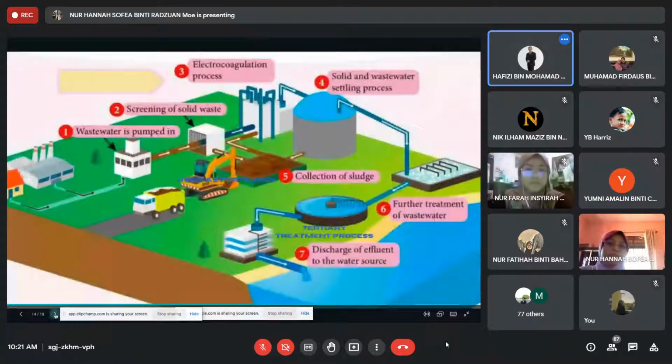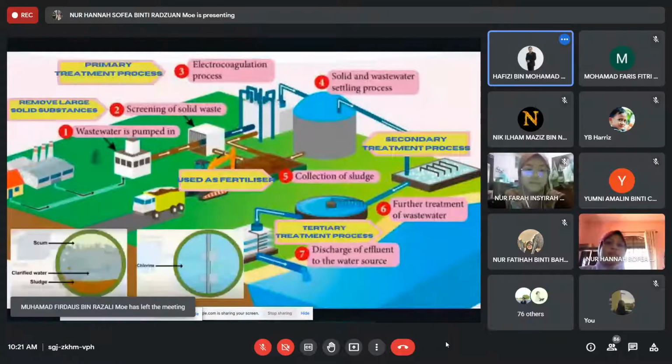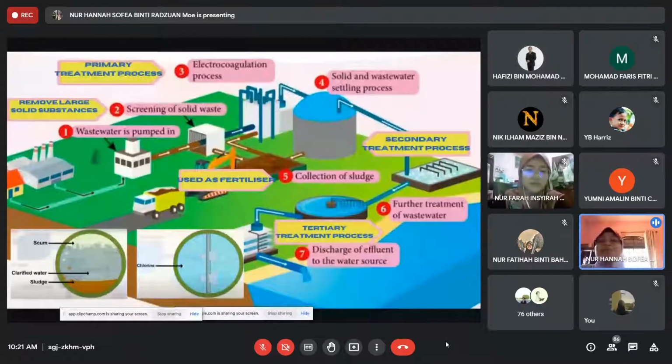Okay. And here I just want to give you further information that is not contained in a textbook. So I just want to explain how the wastewater process occurs.